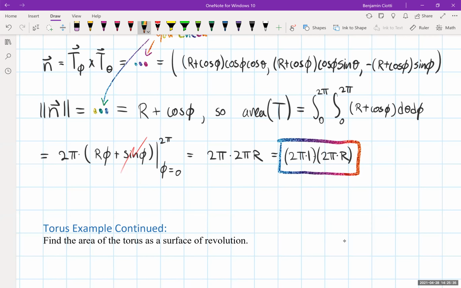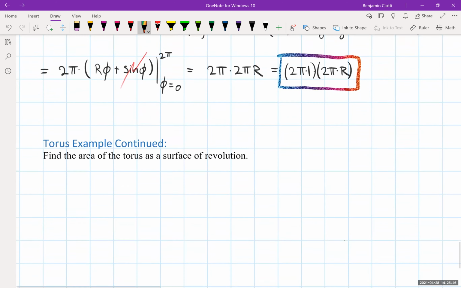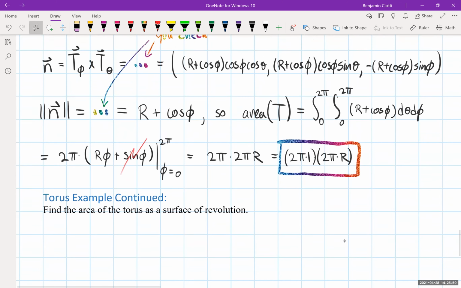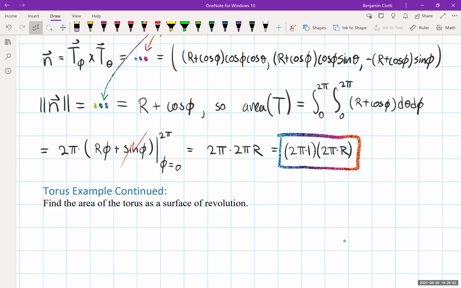And the last challenge was to try to do this as a surface of revolution. So to do the same problem as a surface of revolution, I'm just going to use the top half.